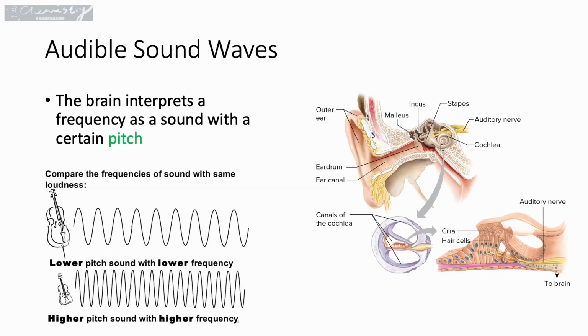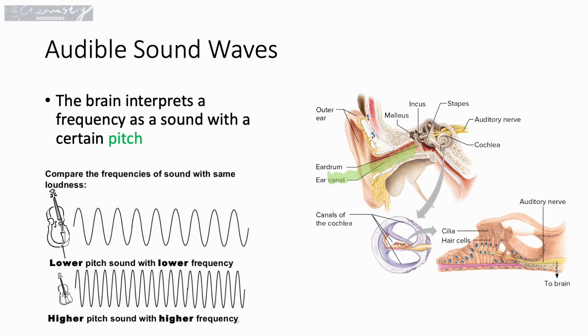When we look at how audible sound waves are perceived by our ear, the way our brain receives sound is that we have an ear that consists of an external cone that directs the sound wave. This cone region directs the sound waves to the eardrum.